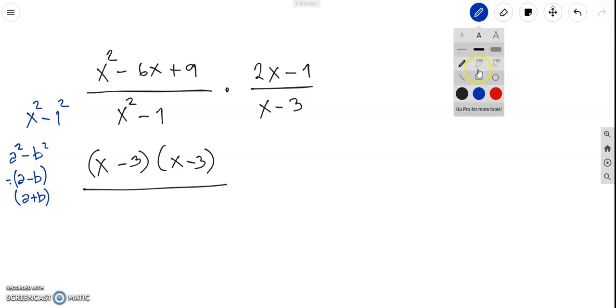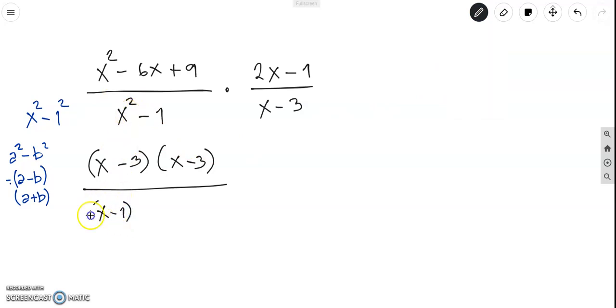So we can write it as x minus 1 times x plus 1, times 2x minus 1 over x minus 3.